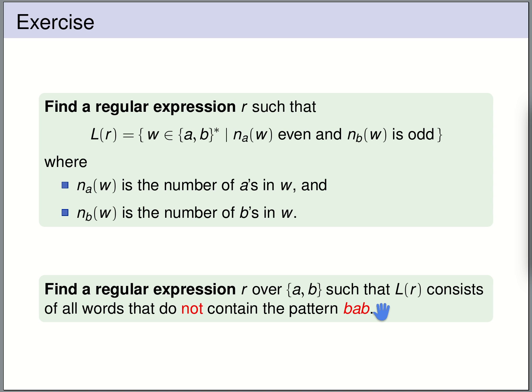And if you have a deterministic automaton, then you can get a deterministic automaton for the complement simply by flipping the final states. So the final states you make non-final, the non-final states you make final. And then you obtain an automaton that accepts exactly the language of words over A B that do not contain the pattern BAB.